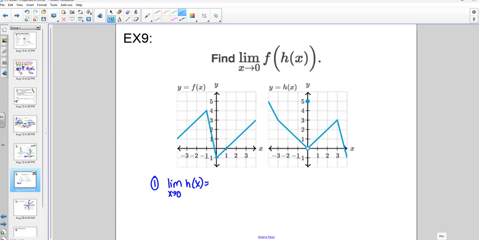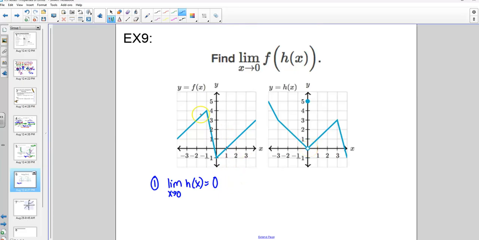That is 0. Because as I go closer and closer to here, closer and closer to here, I'm going to that open circle right there. The y-coordinate is 0. H of 0 is 5, but that's not what we're doing for this. We're looking at limits, right?